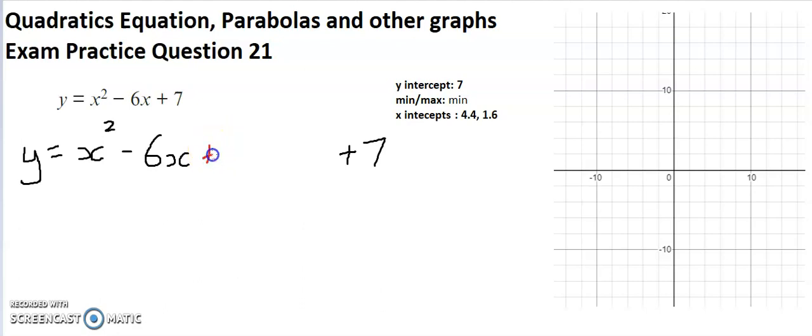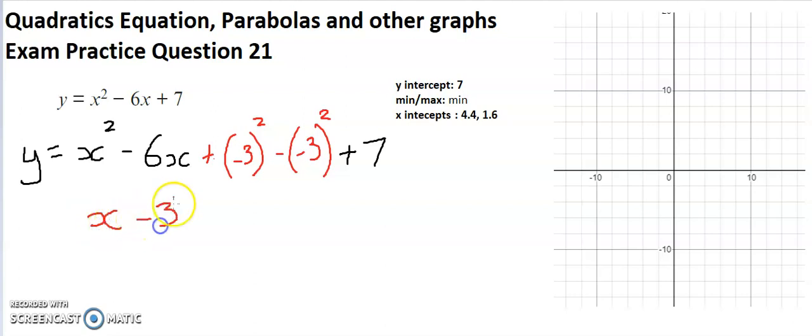So I'm going to add negative 3 squared, and I'm going to minus negative 3 squared. This tells me that my c is 9, but the two numbers that multiply to give my c are negative 3 and negative 3, and they add up to my b of negative 6. So that gives me my turning point of x minus 3 in brackets squared.